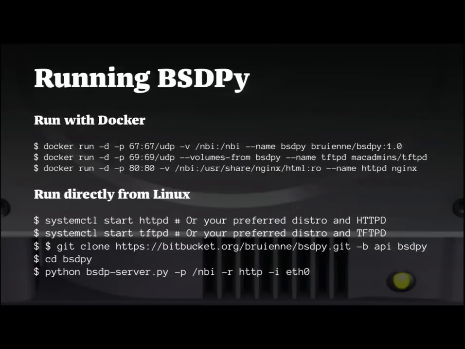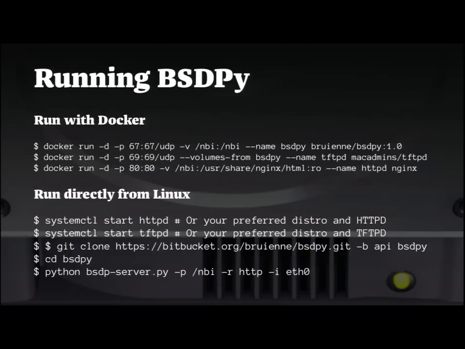So with Docker, it is simple. Sorry, I hate when people say it's as simple as. Anyway, it is relatively as simple as doing 3 run commands for your various bits. First you run BSDPy, you listen on port 67, you run TFTPD, you use the volume that you're already using from BSDPy to serve the TFTP bits, and then you run, in this case, the official Nginx build.